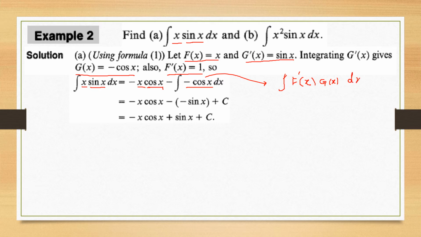So we will write down here in this integral sign. It's easy to evaluate the integral of minus cos x, which is minus sine of x. Simplifying, we obtain the final result as minus x cos x plus sine x plus c.